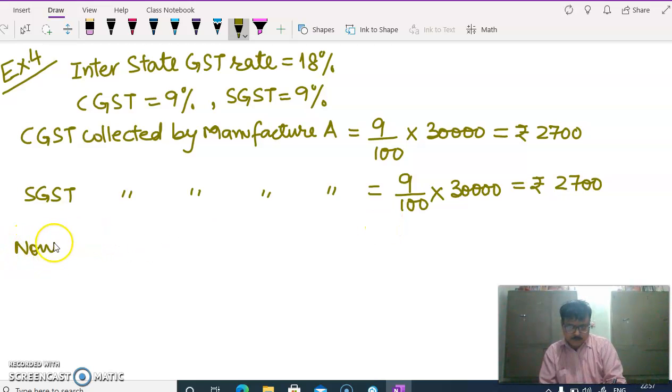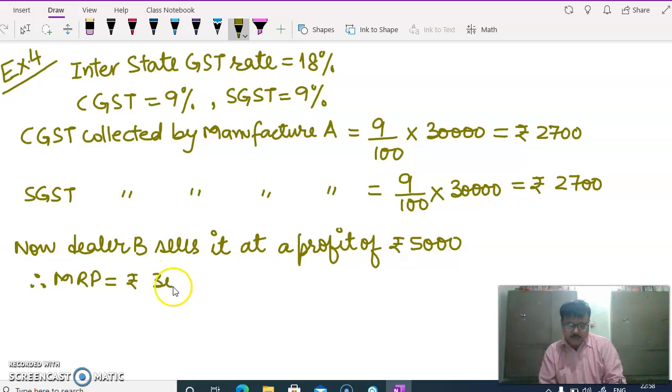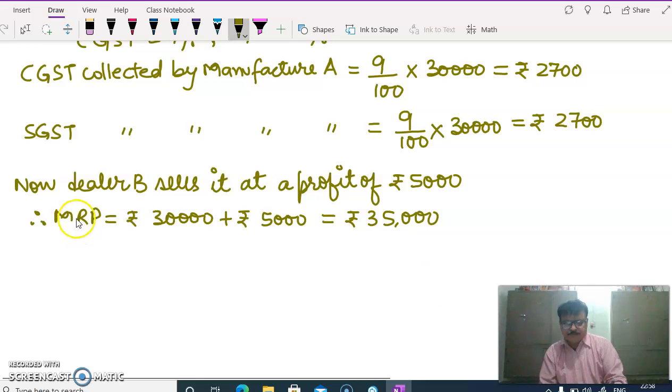Now the dealer B sells it at a profit of rupees 5,000. So the MRP will be 30,000 plus the 5,000 rupees profit, and the MRP becomes rupees 35,000. Now what happens?